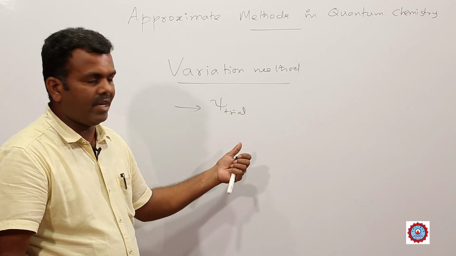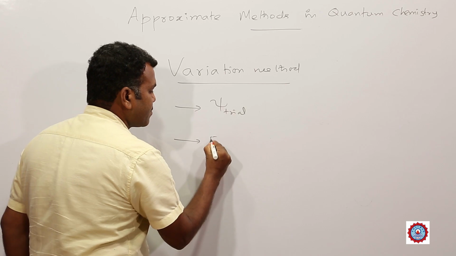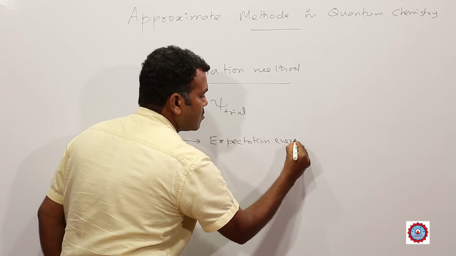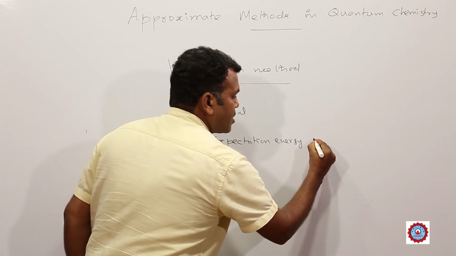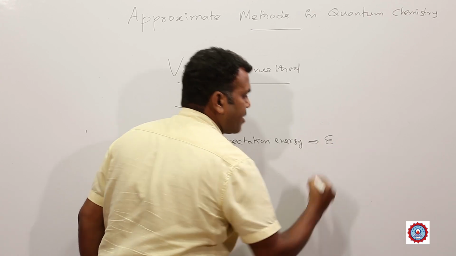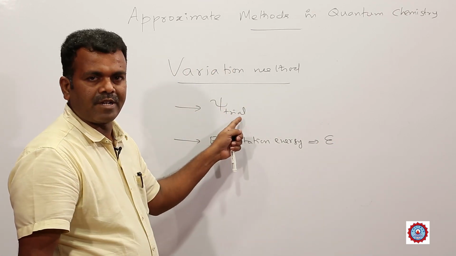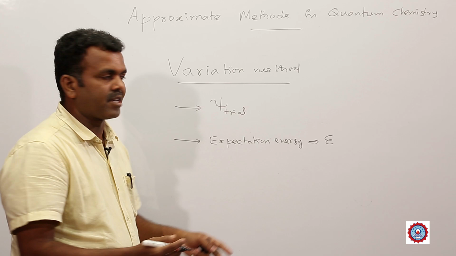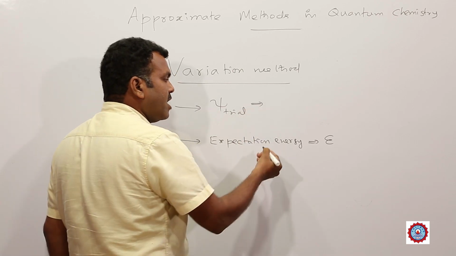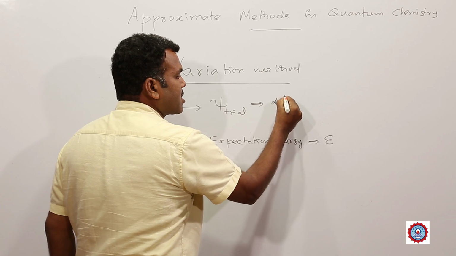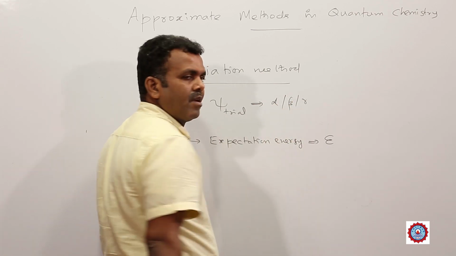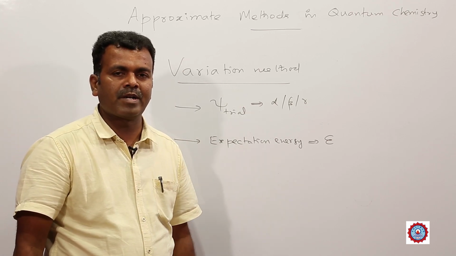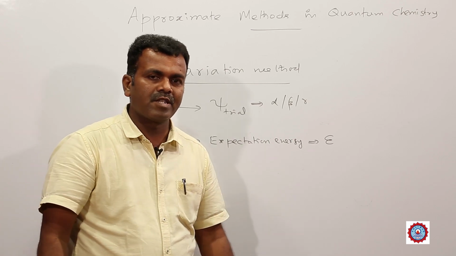Then we should calculate the expectation energy, which I am going to represent as E, using the trial wave function. And this is another important point: while guessing the trial wave function, you should guess it containing certain parameters called variation parameters. The trial wave function may contain one variation parameter or two variation parameters. It depends upon the trial wave function that we choose.